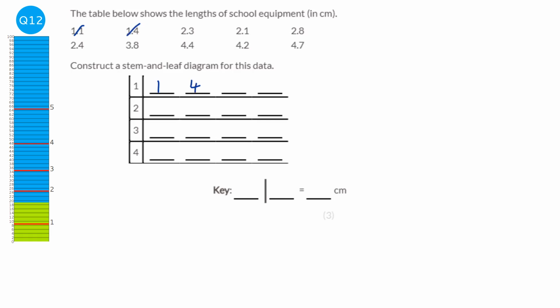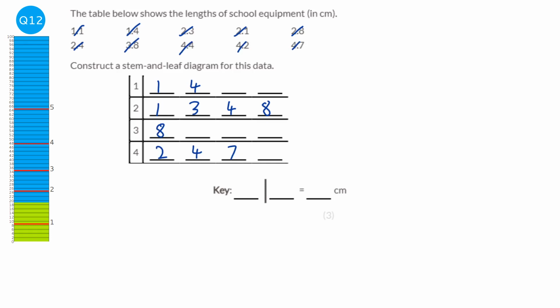Looking at the 2 points, we've got a 2.1, 2.3, 2.4, and 2.8. Looking at the 3s, we've got 3.8, and looking at 4s, we've got 4.2, 4.4, and 4.7.